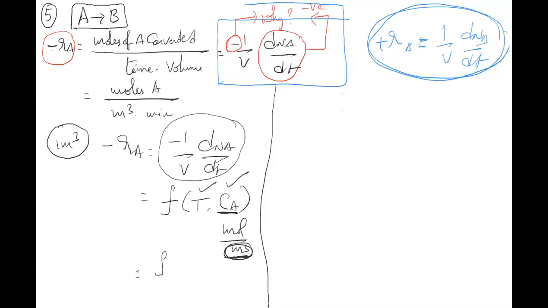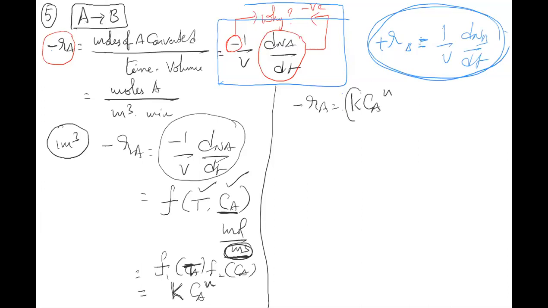If you define this as a function of temperature and a function of concentration, then the function of temperature is called K, which you call the rate constant. The function of concentration is C_A to the power n. So it boils down to a simple concept: minus RA equals K C_A to the power n.